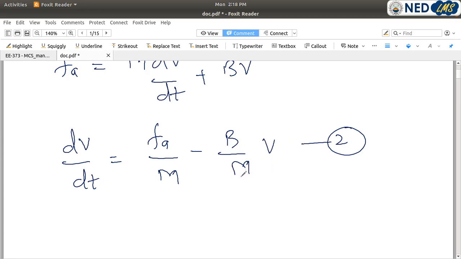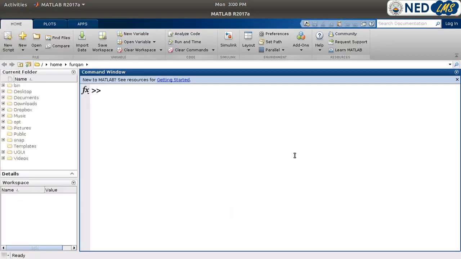Now let's write the MATLAB script for it. We will use the MATLAB ODE45 function to solve the differential equation. There are various differential equation solvers present in MATLAB with their pros and cons. I'm not going into the details of this.